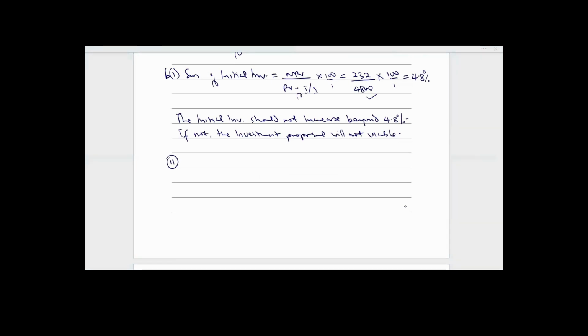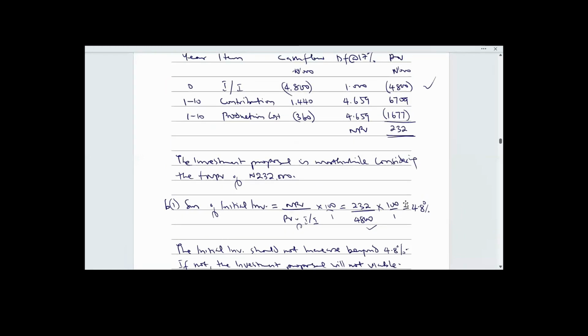According to the question, another variable is production cost. So sensitivity margin of production cost equals the NPV of 232 divided by the present value of production cost, which is 1677. Look, this is the present value of production cost.